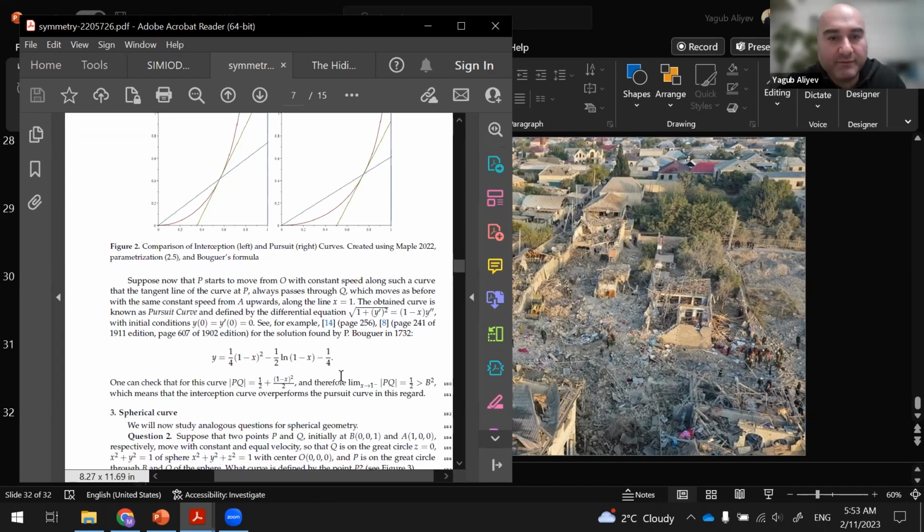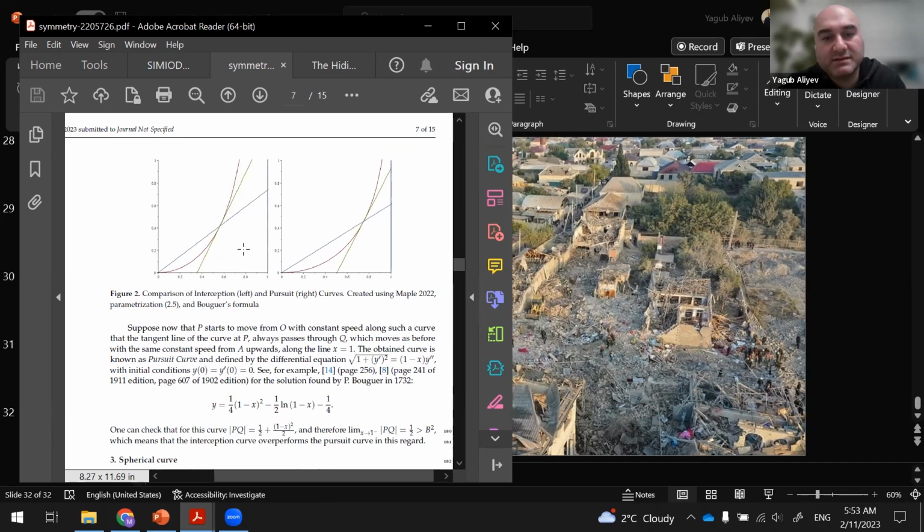In the pursuit curve, the closest that you can get to the evader is 0.5. But in the interception curve, the closest is much less than 0.5. It is 0.3 something. And this constant is related to the Leibniz-Cut constants, namely the second Leibniz-Cut constant.